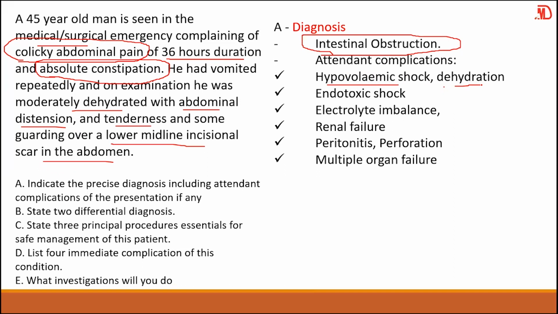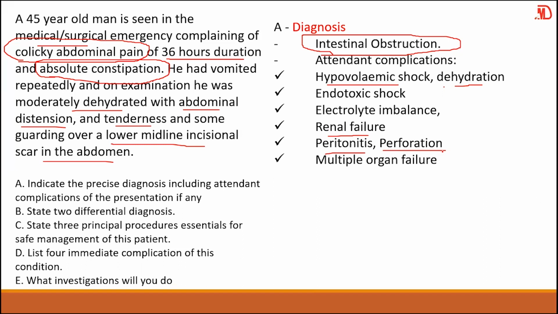Of course, since the person is unable to pass stool and there's abdominal distension and all that, it can also lead to endotoxic shock. There can be electrolyte imbalance, renal failure, peritonitis and perforation. Perforation and peritonitis are very, very common.